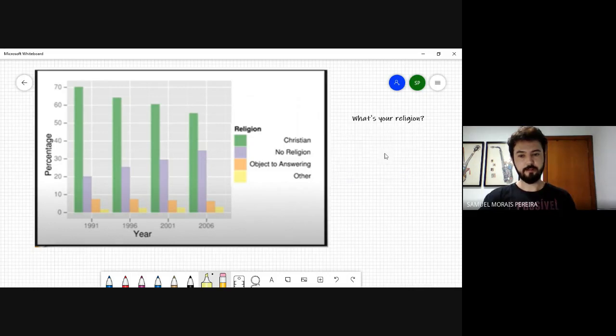So the number of people who said that they were Christians back there in 1991 was represented 70% of the total people interviewed. So you could say, olha, going back to the beginning of our class, o número, I'm going to say in Portuguese, o número de pessoas que disseram que são cristãs lá em 1991 representa 70% do total dos entrevistados.